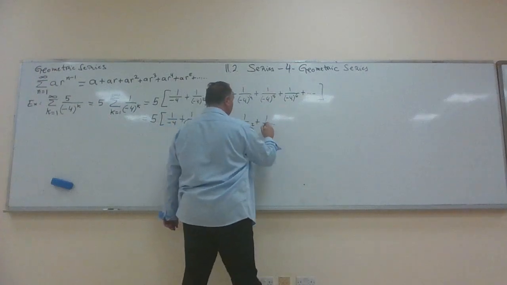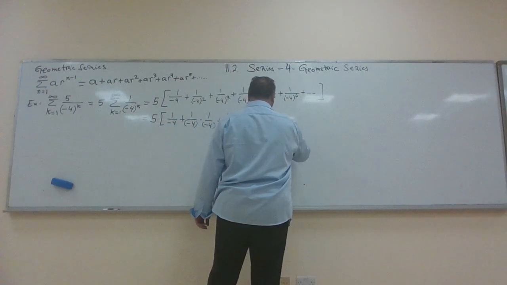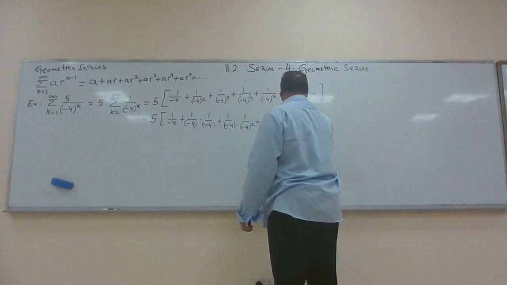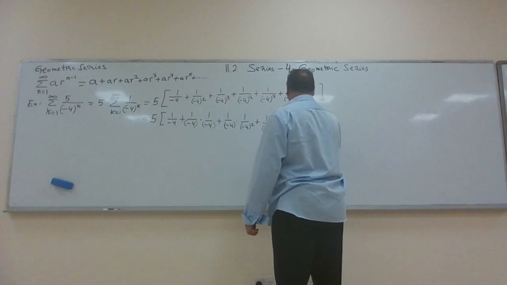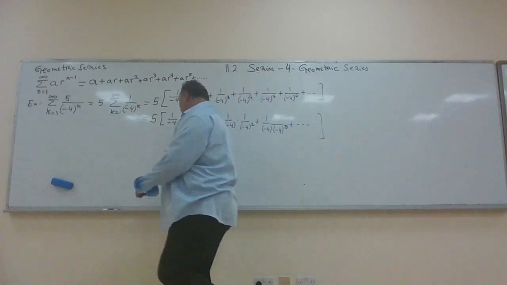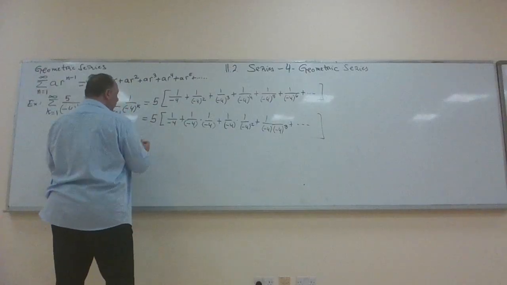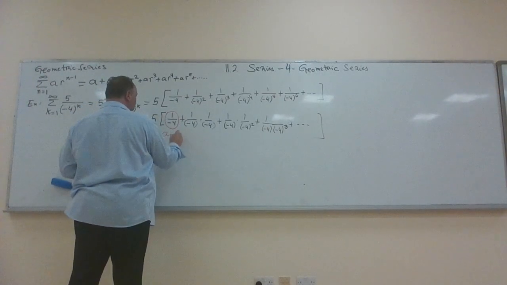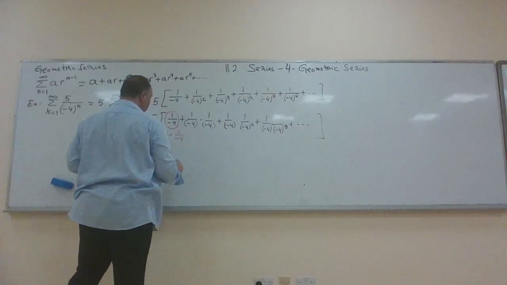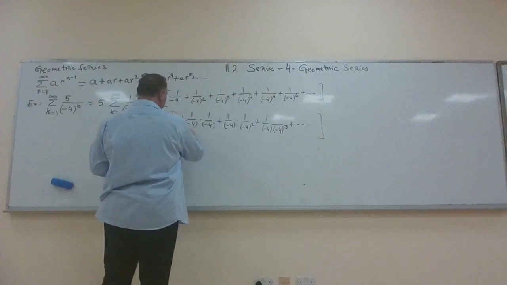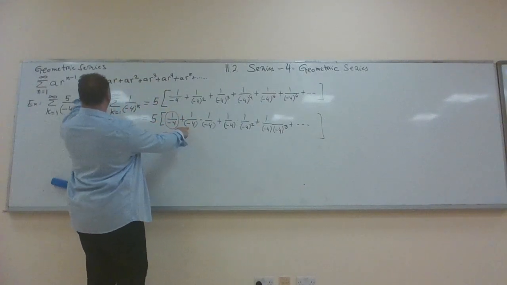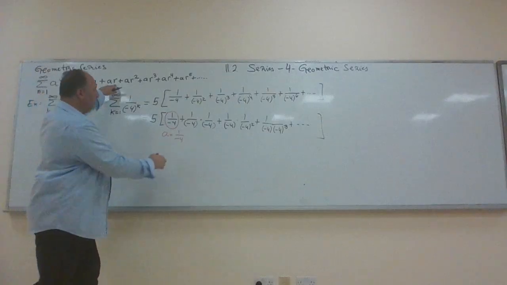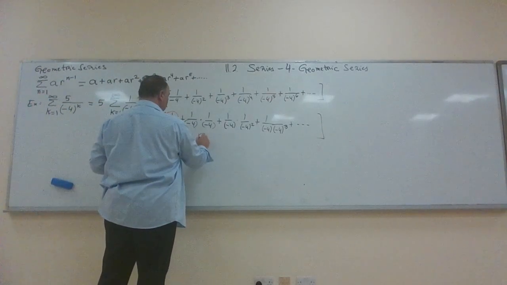I just rewrite a little bit to keep the same form. Now I see clearly the first term a is 1 over negative 4, and the a is repeated here. You see a, r. So r is also, in this case, 1 over negative 4.